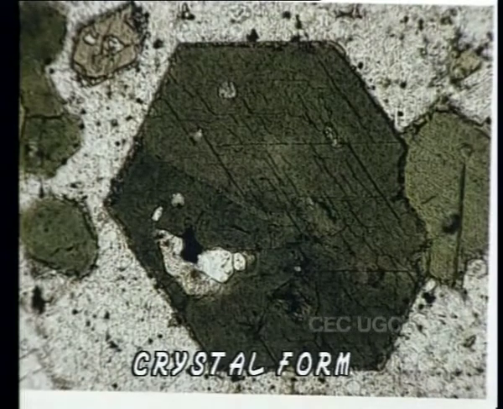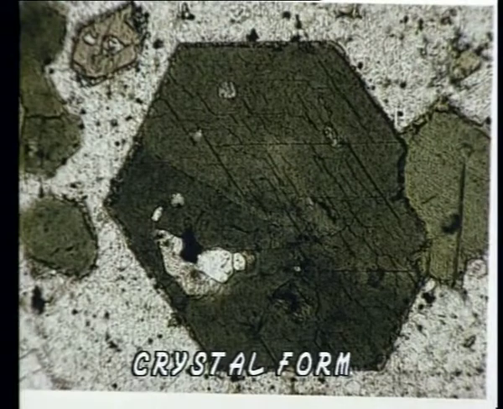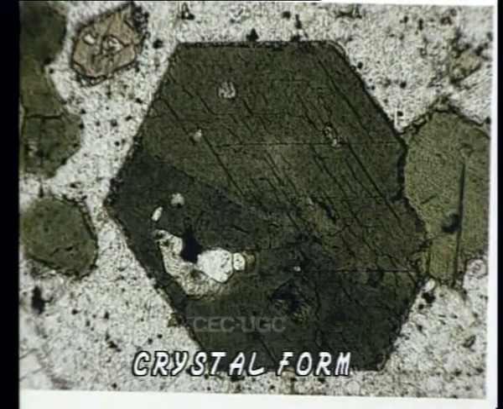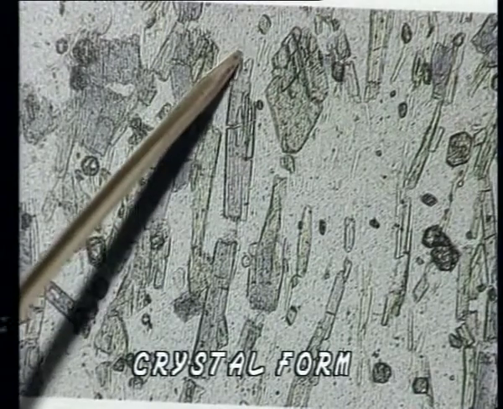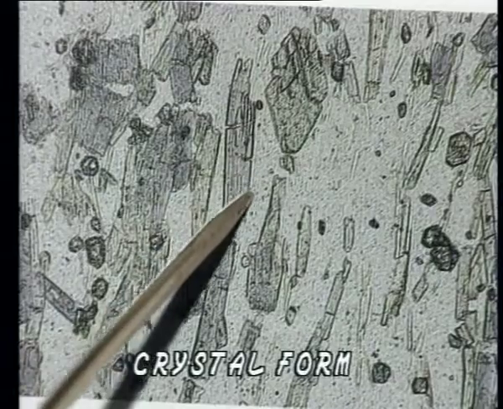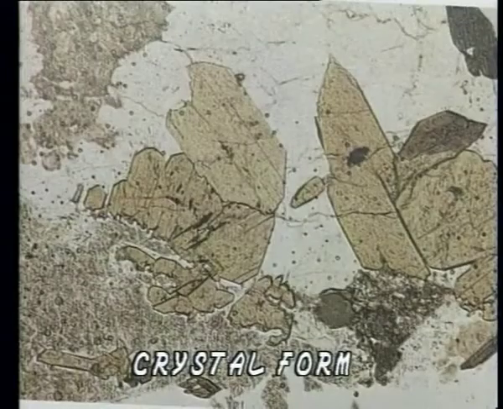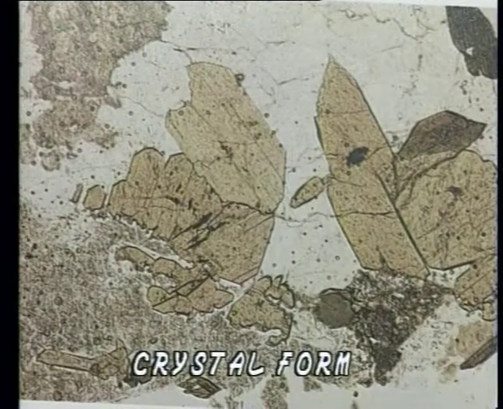Minerals like apatite and calcite may be found in euhedral form. It is more common to see mineral grains partly bound by crystal faces. Such forms are designated as subhedral. Feldspars, micas, and amphiboles are generally subhedral.